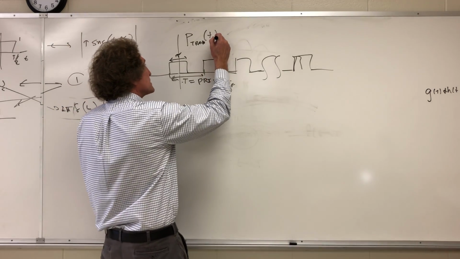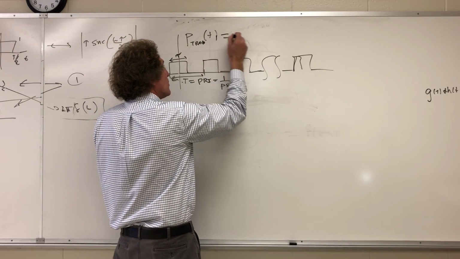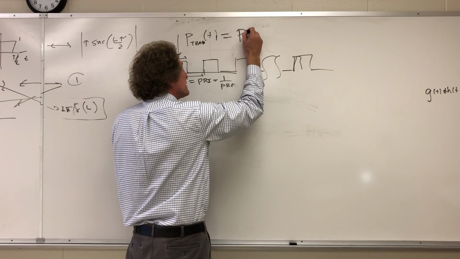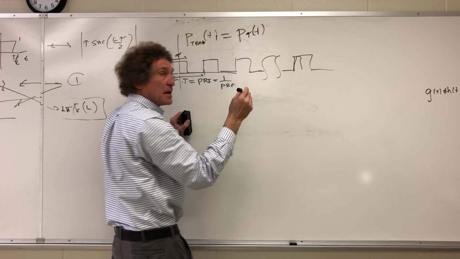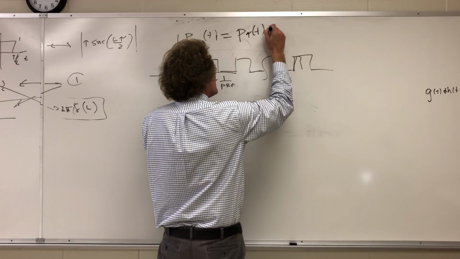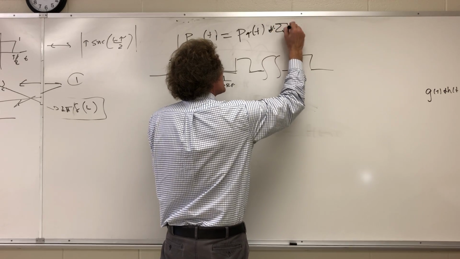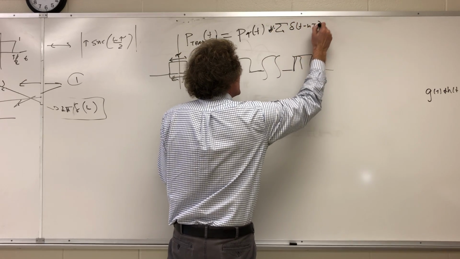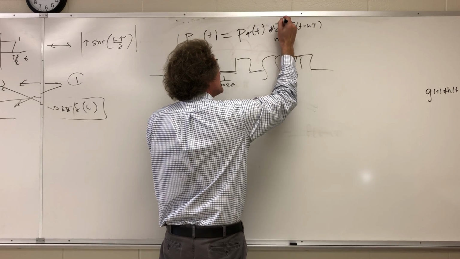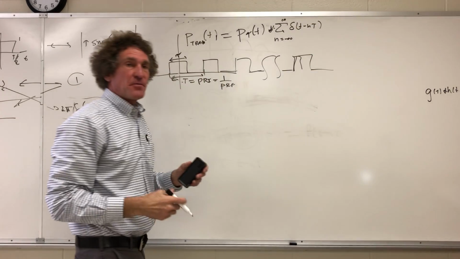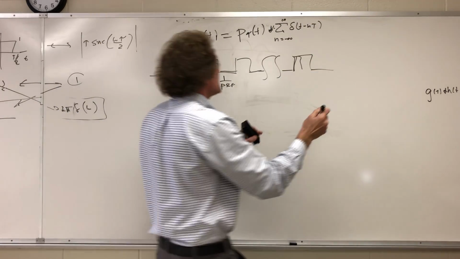So how would you do this? And I'm calling it p train. Well, if we take the pulse function p tau of t and we convolve it with an infinite series of delta of t minus nT, where n goes from minus infinity to infinity, doesn't that do it for us? Sure does. Because now what happens?